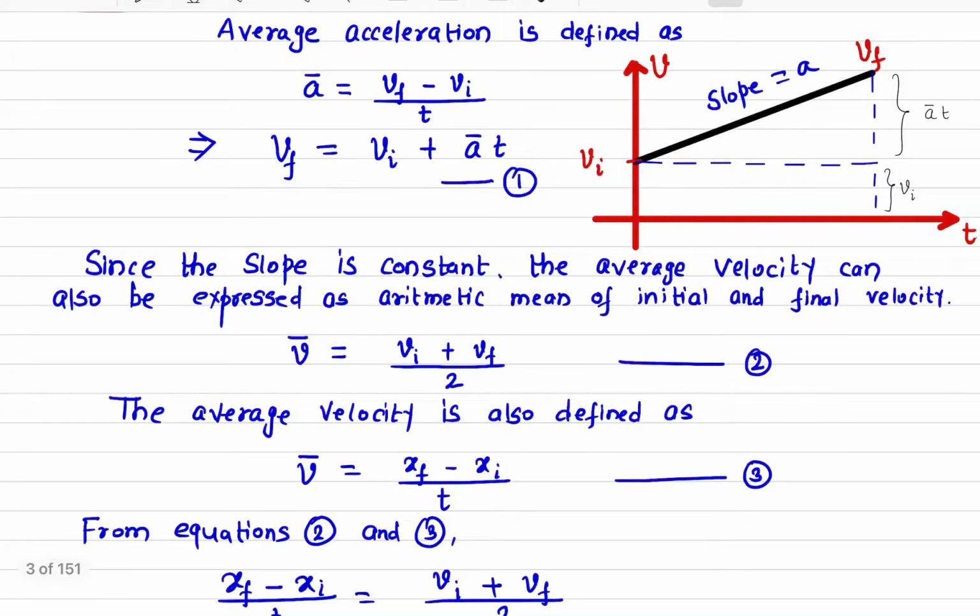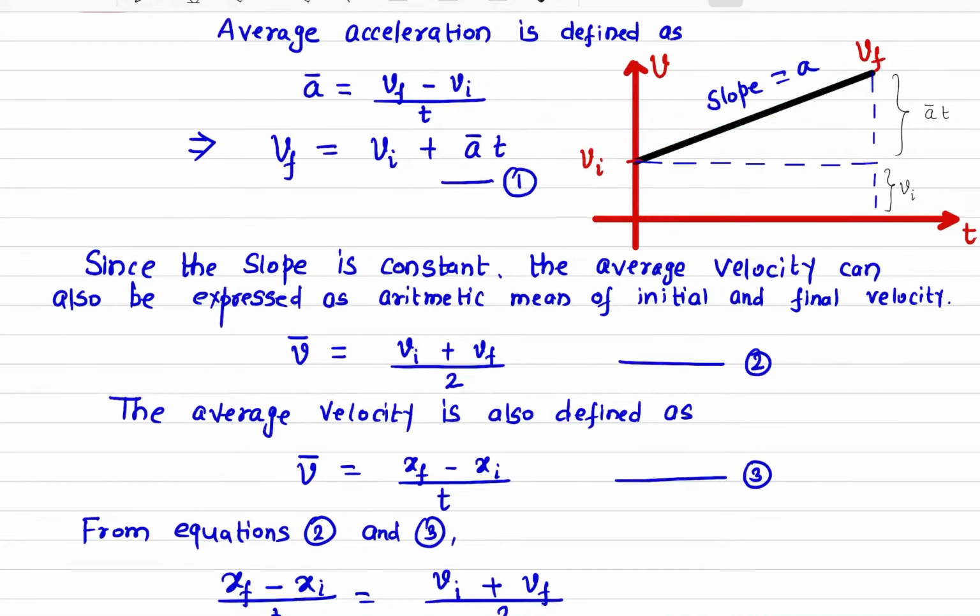Now here is the interesting part and the point to be noted. We have assumed it is a uniform acceleration, so the slope is constant.